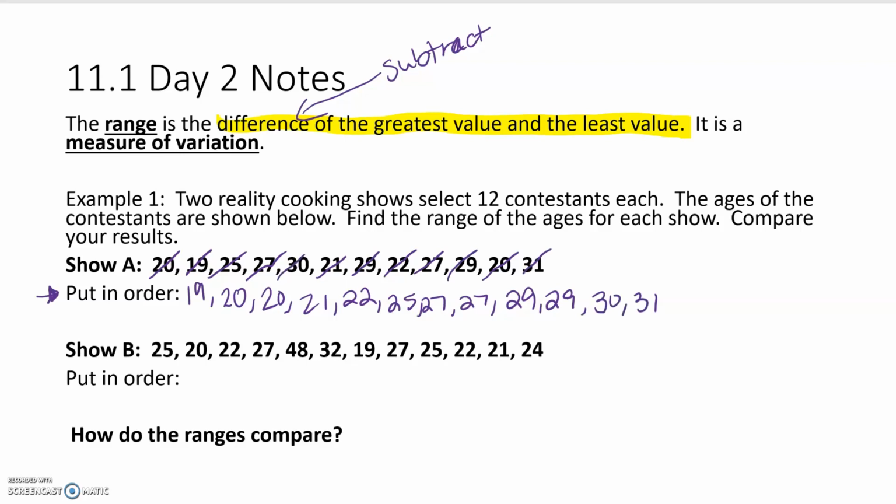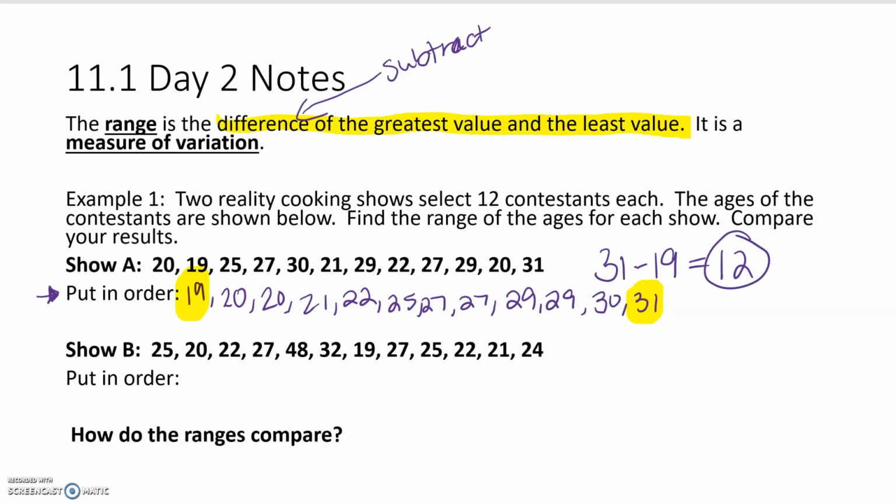Okay, so now that I have all of those listed, remember range tells me that I'm going to take my biggest number and my smallest number and I'm going to subtract. So I've got 31 minus 19, which gives me 12. So my range is 12.